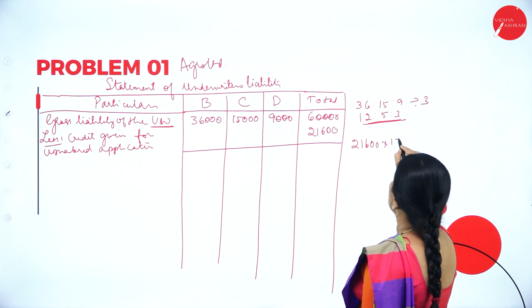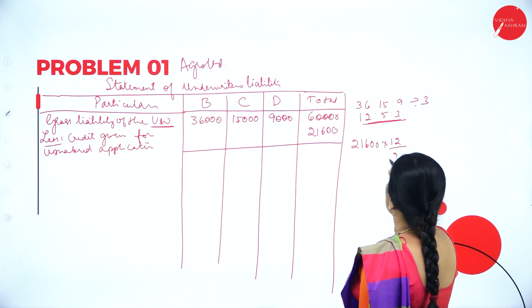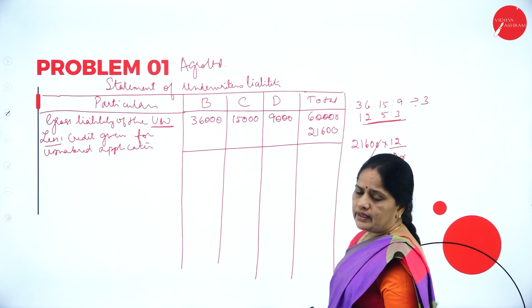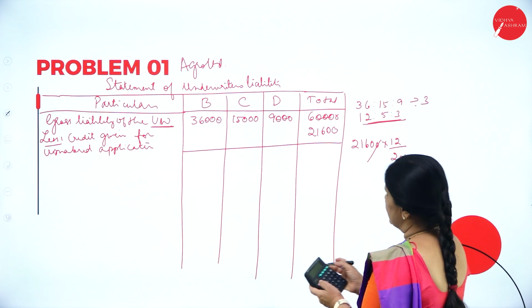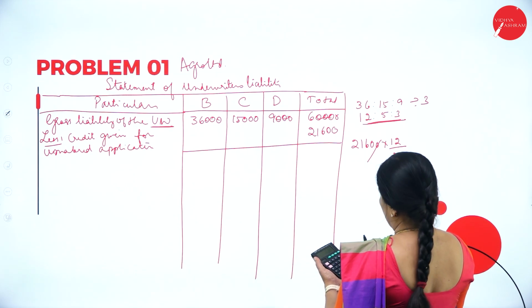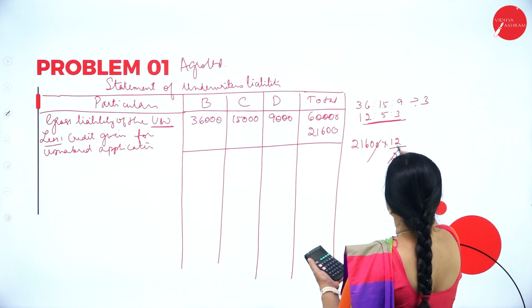So 21,600 into 12 by 20. The 2 and 2 get cancelled, so then we can see here 21,600 into 6.